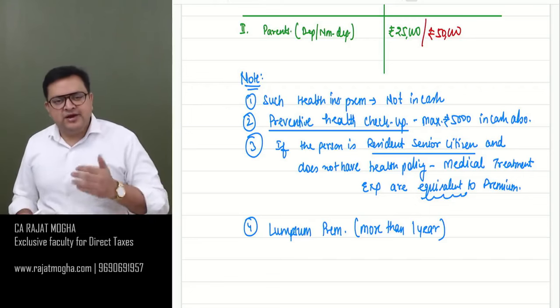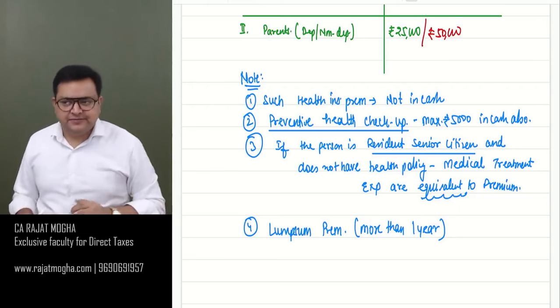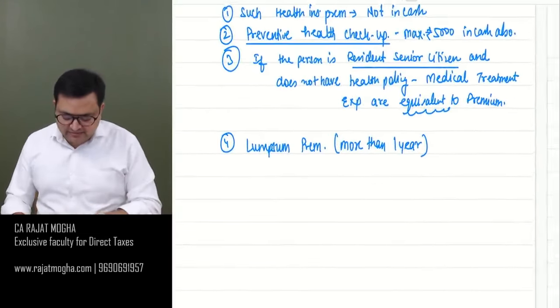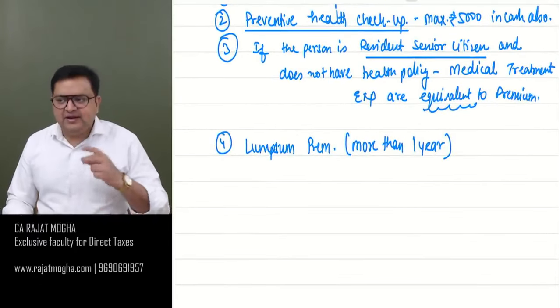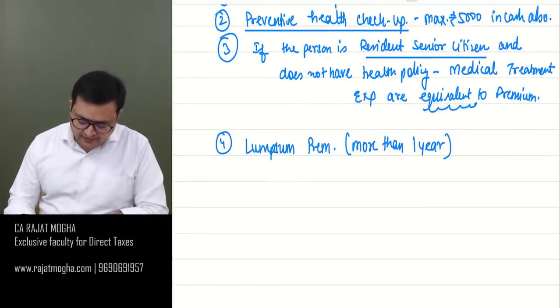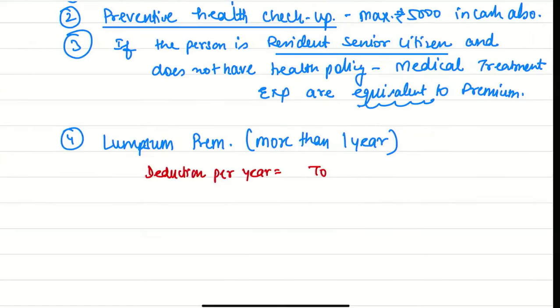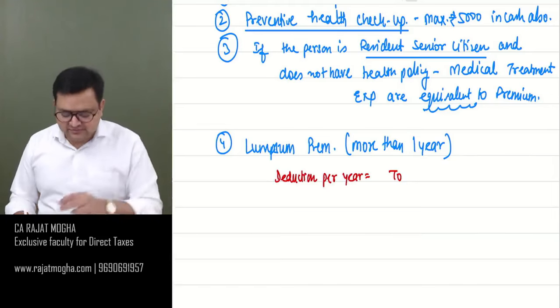No. He can take deductions in all these years. So this is called lump sum premium. If the person has paid lump sum premium for more than 1 year, the deduction per year would be, we will divide that total lump sum into the years.